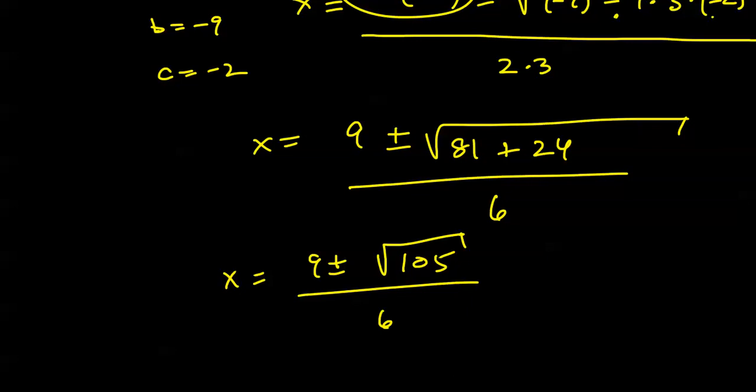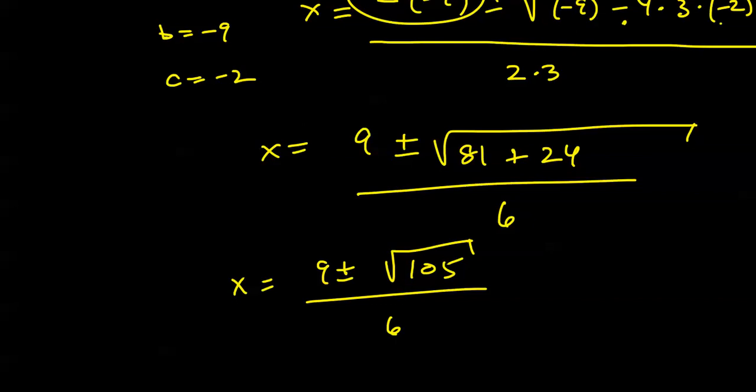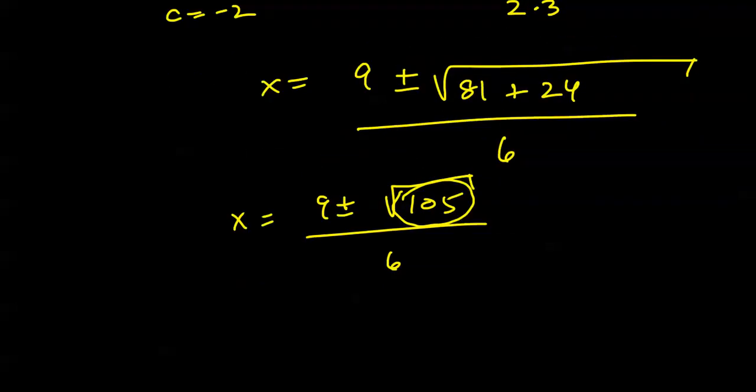And I don't think the square root of 105 simplifies. Right? 105, that's not a prime number, but there are no perfect squares as factors of 105. So again, you cannot cancel. Let me highlight this again. You can't do this, what I'm about to do.